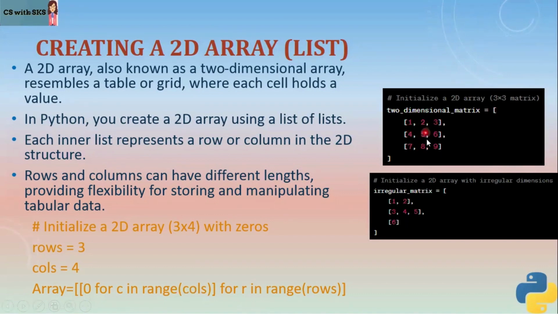You can also have an irregular matrix, where your columns are different in each row. The first row has 1, 2, the second row has 3, 4, 5, and the last row has only 6. So you can have a regular matrix or an irregular matrix created in Python. Now, let's go to the Python shell to understand all these concepts.